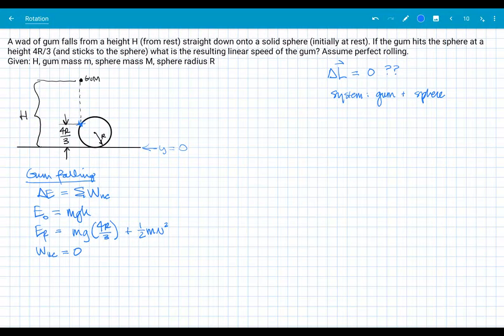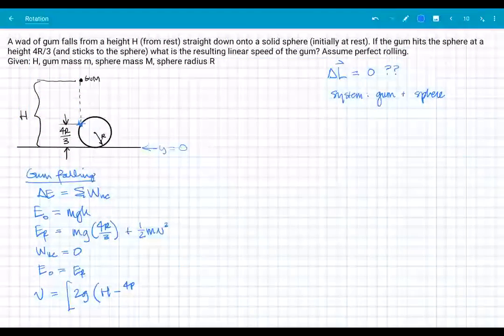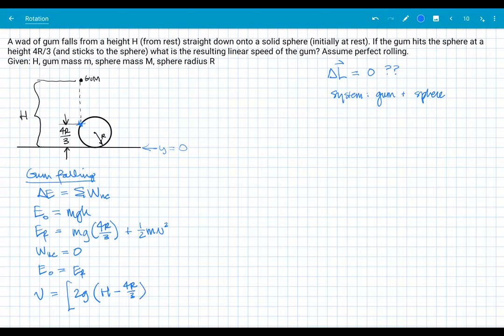So this is fairly trivial to solve for v naught. If I can set my energy final and energy initial equal to one another, since my non-conservative work is equal to 0, and if I do a little algebra there, I'll solve for my velocity as the quantity 2g times h minus 4r over 3, to the 1/2 power.